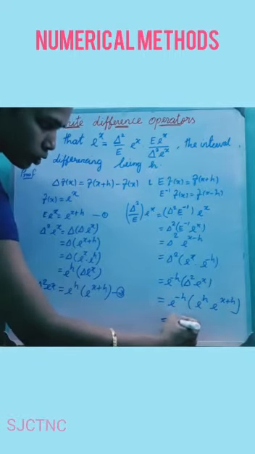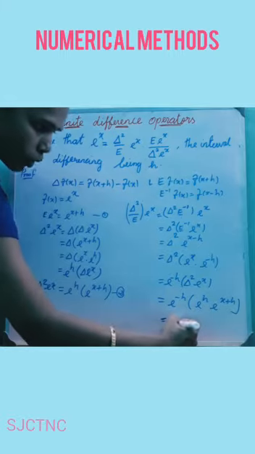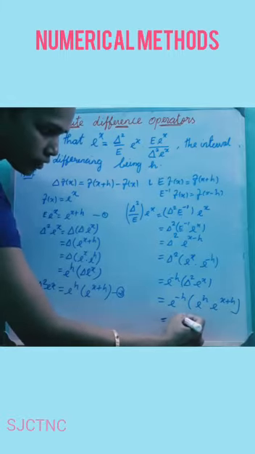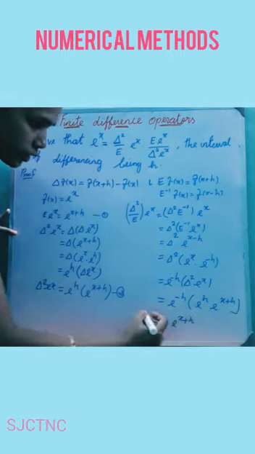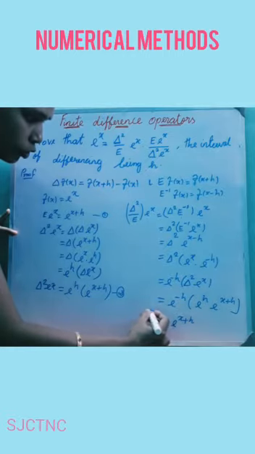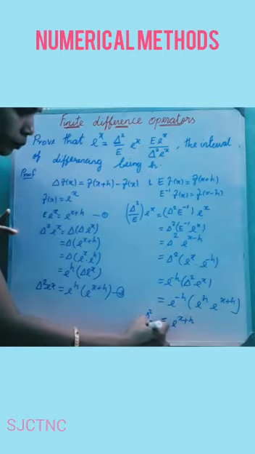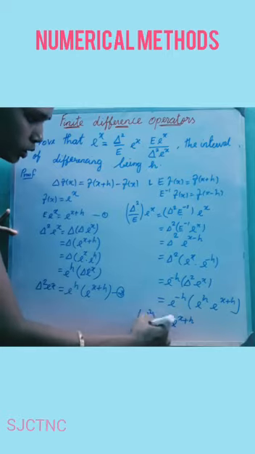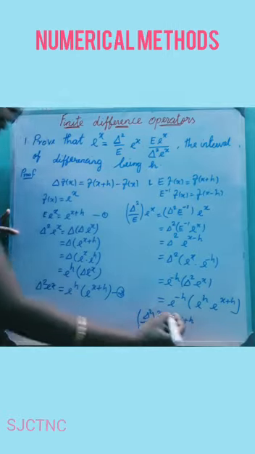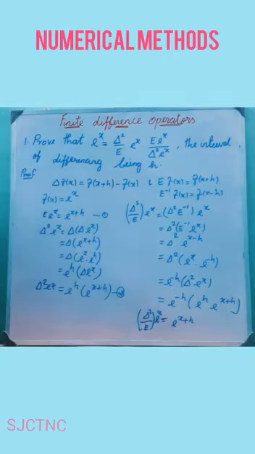So e power 0, and anything power 0 is 1. So the final answer is e power x plus h. So we get del square divided by e into e power x equals e power x plus h.